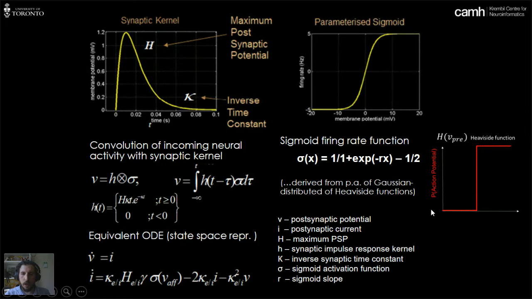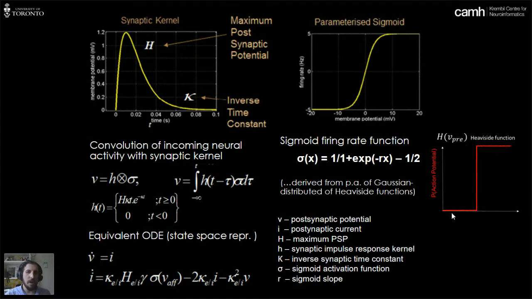This red step function is called a Heaviside function, and this is what this type of model is basically assuming.